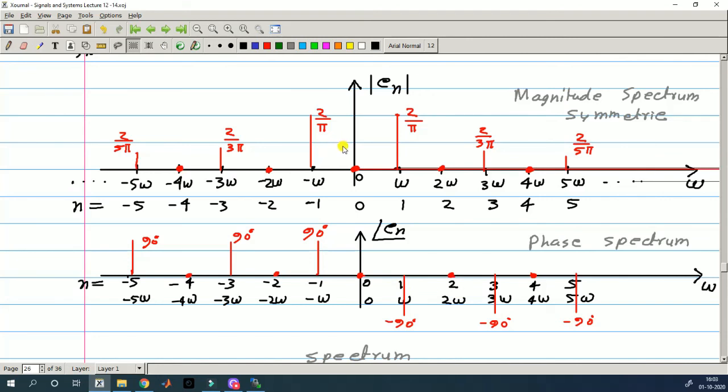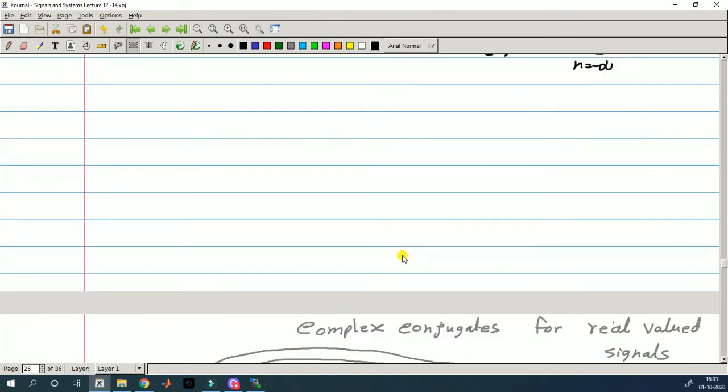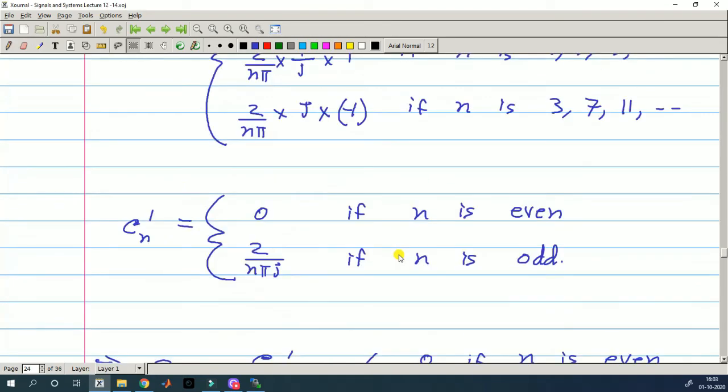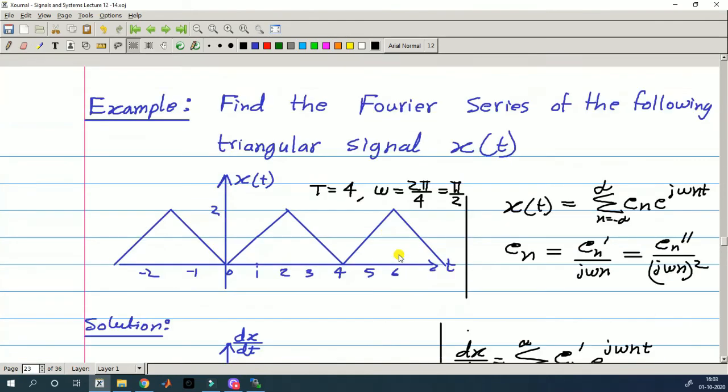Now you can plot magnitude and phase spectrum for any periodic signal, and I will leave it as a homework for you to plot the magnitude and phase spectrum for this triangular wave.